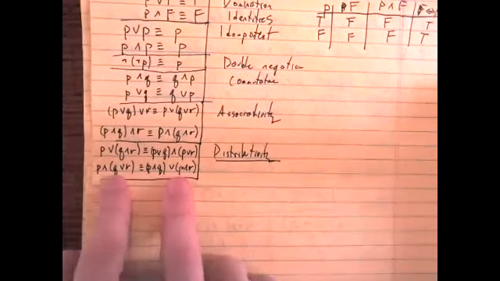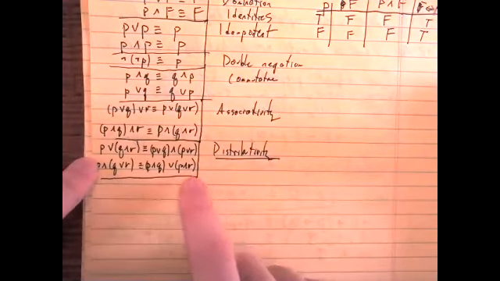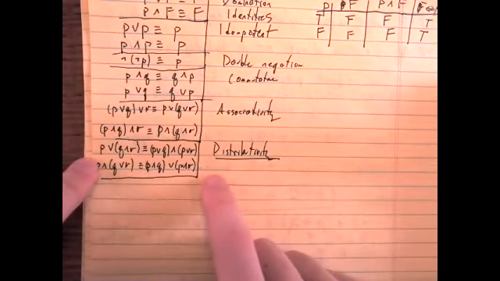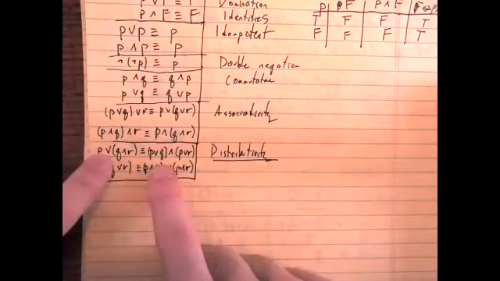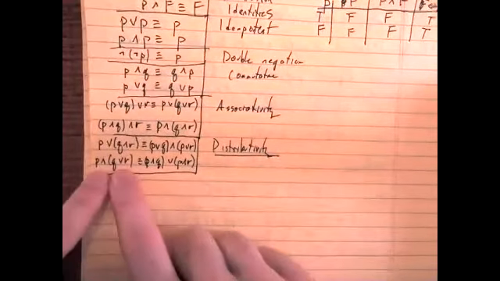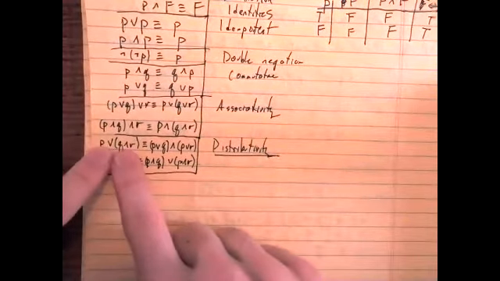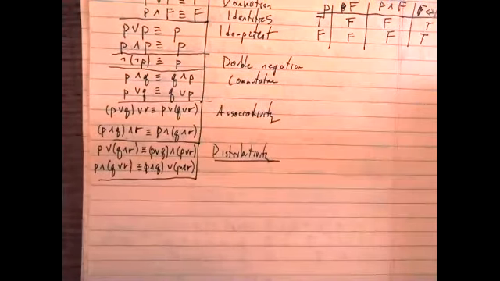Notice too that in both of these cases, the distributivity equivalences only apply when you have opposite symbols, an and and an or, or an or and an and. You can't apply distributivity if you have two ands or two ors.